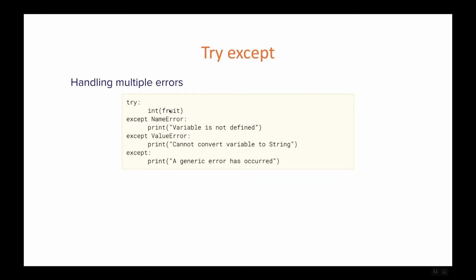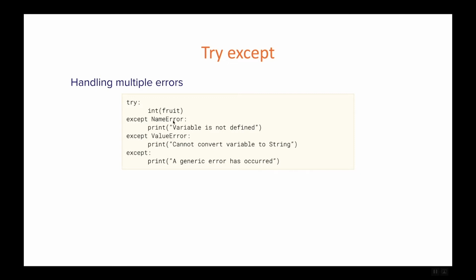If we don't actually define this fruit, then we will get a NameError and we will fall into this block of code, right? So the basic structure is in except we can provide the type of error that can occur and that will be caught. Then we can provide another type of error and we can provide some functionality for that particular case, right? So we can print a more personalized message.